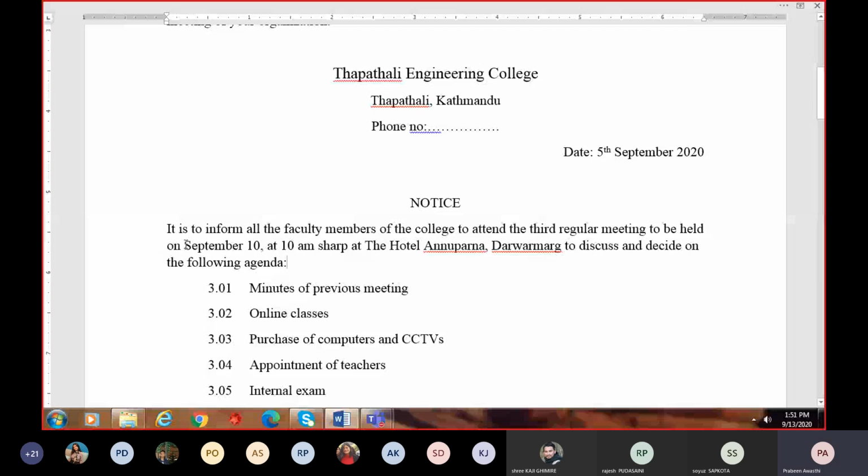Look, date of the meeting, time of the meeting, venue of the meeting. But you can start the notice any way you like. For example, Thapathali Engineering College is going to organize its third regular meeting on September 10 at 10 a.m. sharp in its premises to discuss and decide on the following agenda. No need to always start with it is to inform all the faculty.